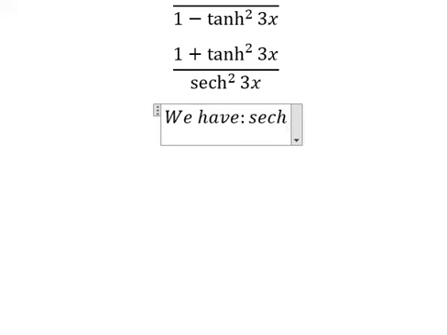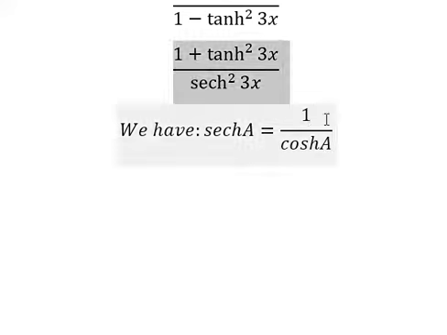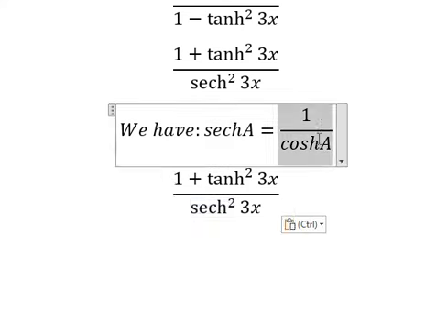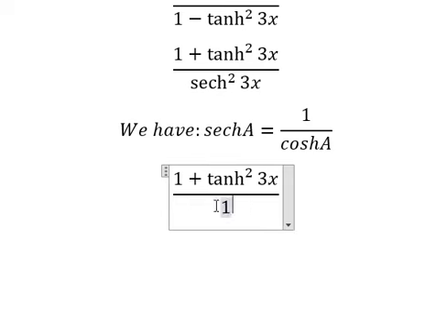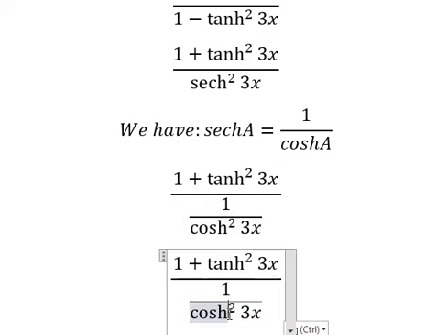Secant of a equal to 1 over cosh of a. So we need to change this one into this one. Next, this one will go to numerator.